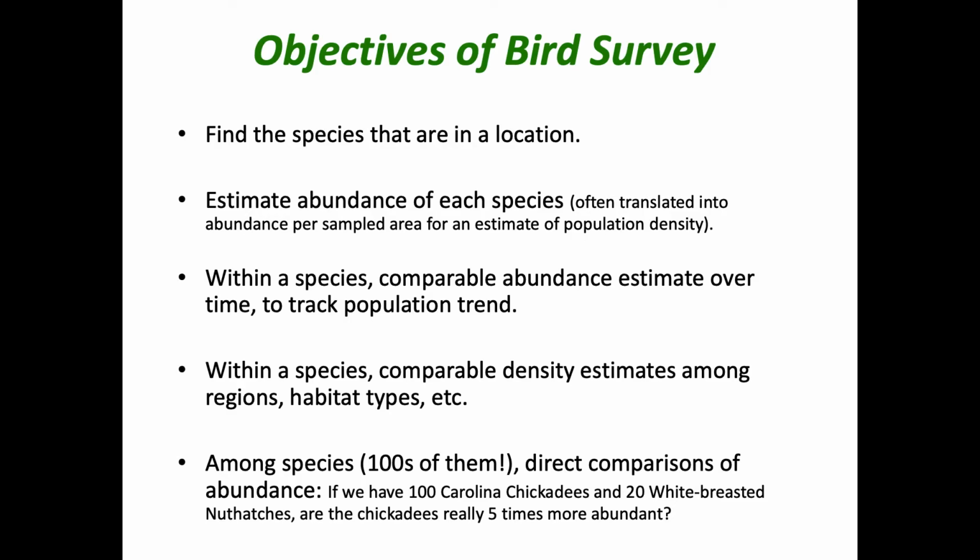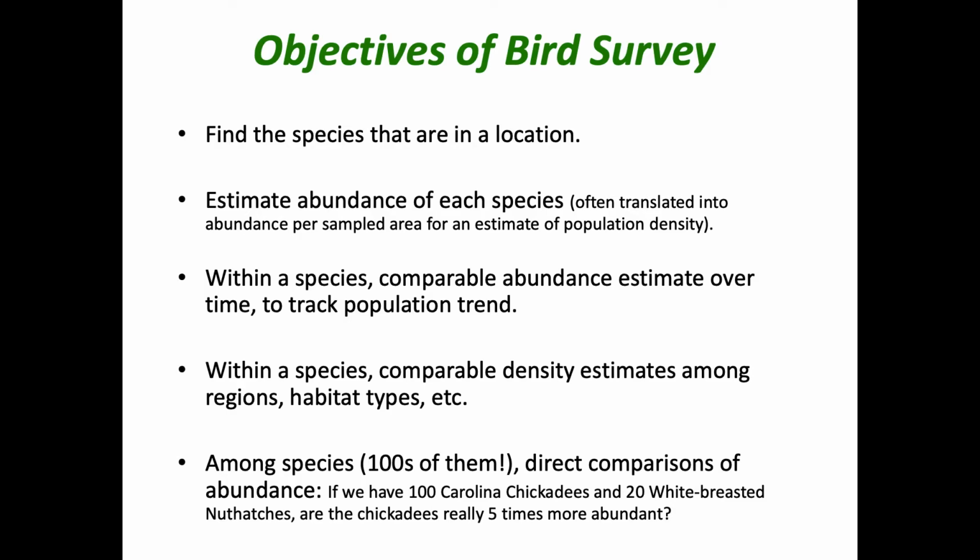And then it gets really complicated when you consider that there are so many different species. So there are, I think, 538 species in North America that are detected by the North American Breeding Bird Survey, and we want to compare abundance of those directly for as many of them as we can.